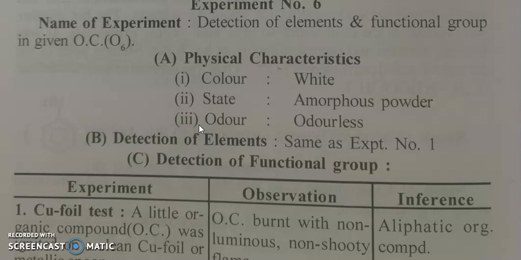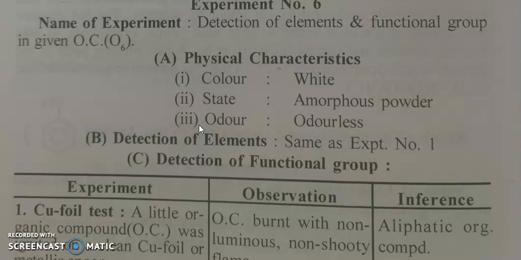The mixture was first heated slowly and then gently to red hot temperature. Now the fused mass was crushed in distilled water kept in a mortar. The solution was filtered and the filtrate, the sodium extract, was used for the tests of elements. So how will you perform this test?